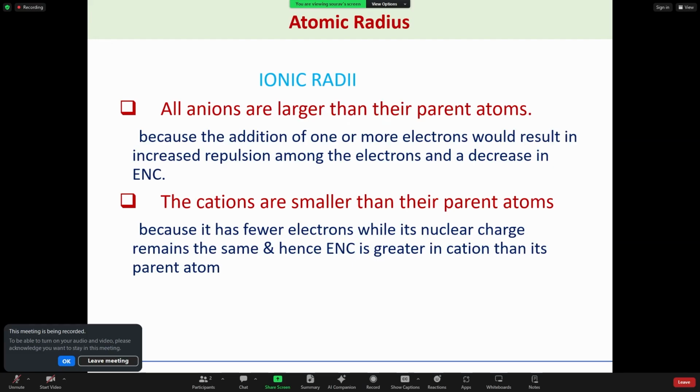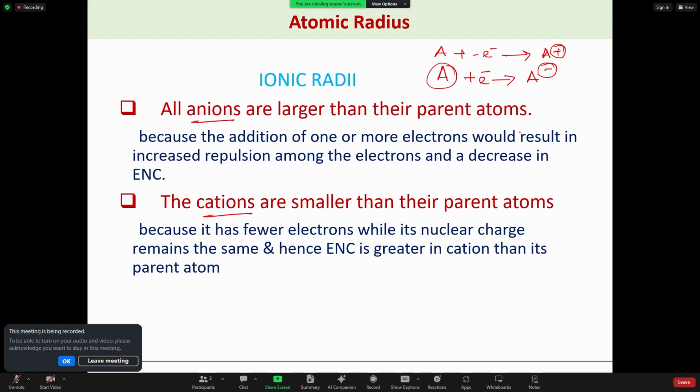We know that ions are of two kinds: anions and cations. Suppose A is an element. If it takes one electron from another source, then it forms an anion. But when it gives one electron to another partner, then it forms a cation.